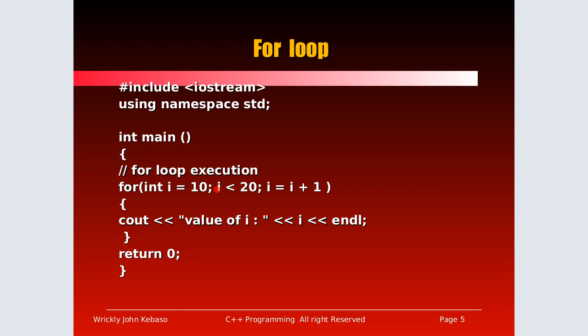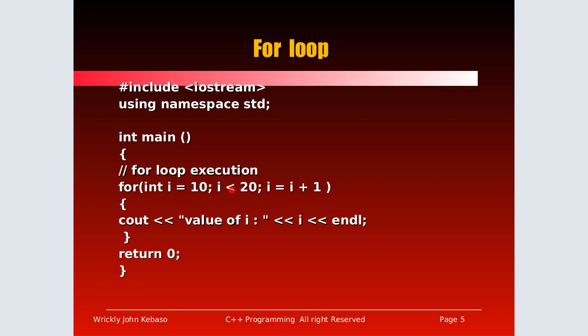Then the condition is what marks the terminating part of the loop. For I, it will repeat until I is greater than, let's say, 9 in this case, so that when it reduces to 9, it stops.